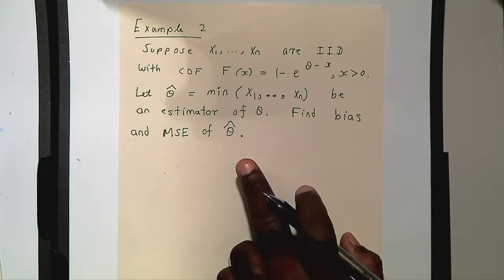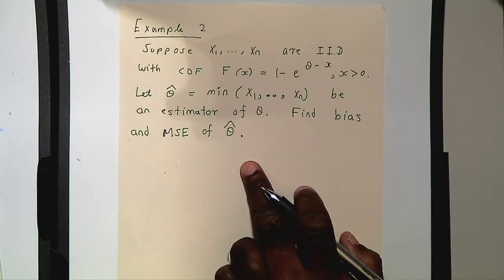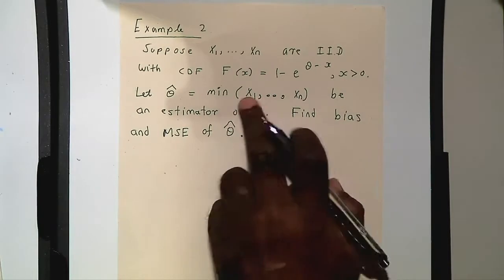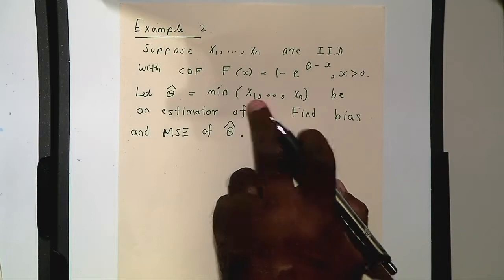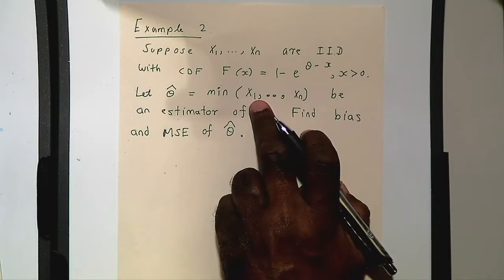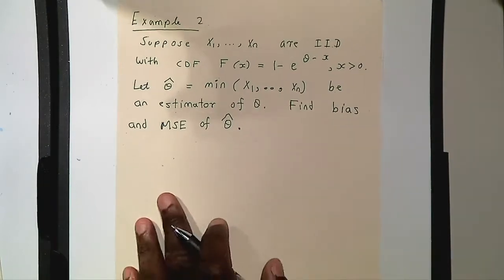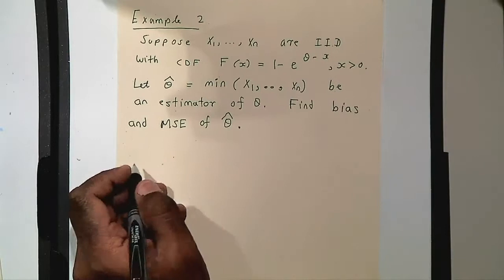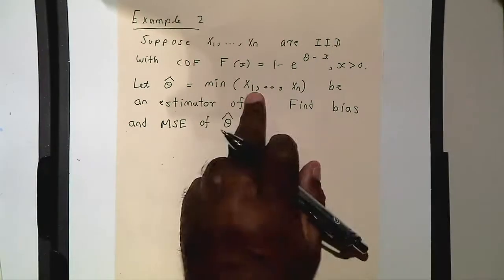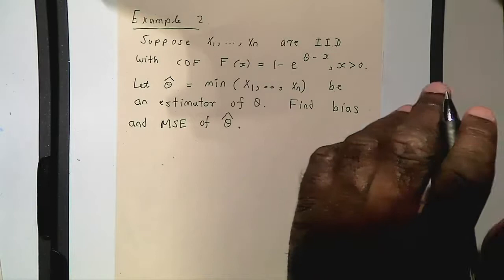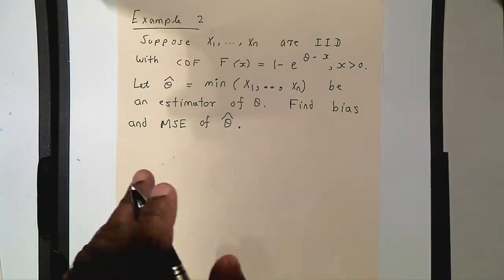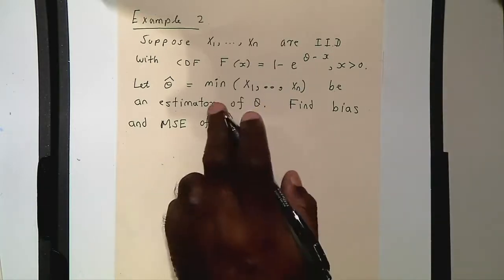Okay, for examples like this, what you need to do is first, because we don't know the distribution of the minimum, right? So the first thing you must do is to find the distribution of this, right? So before you can find the bias or the MSC, you need to work out the distribution of this.